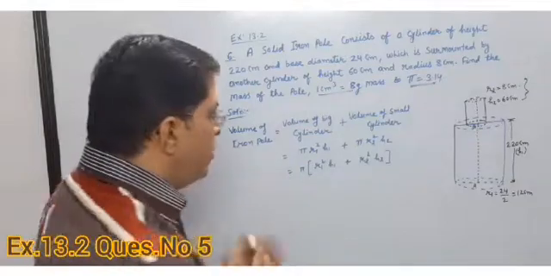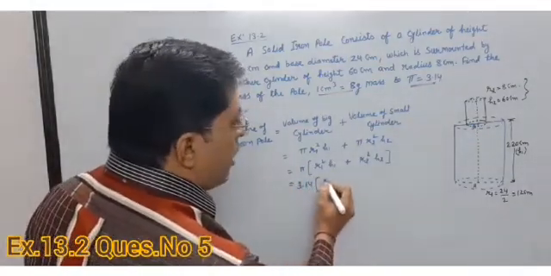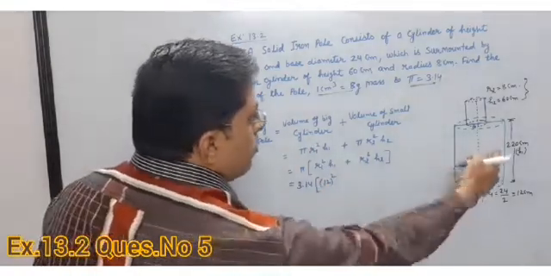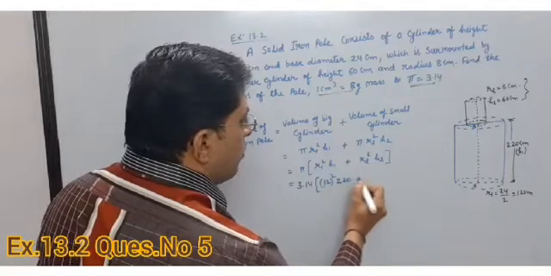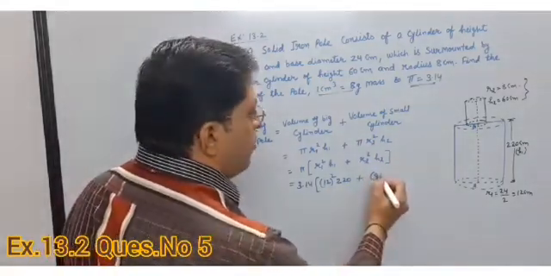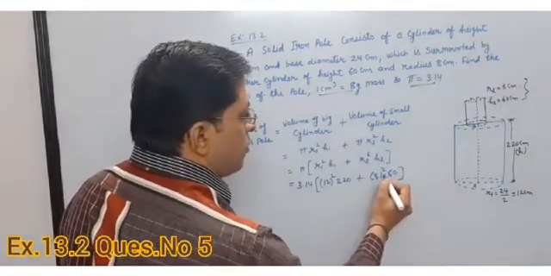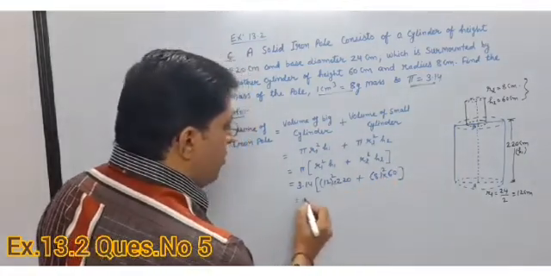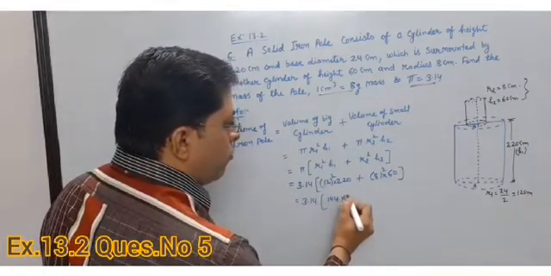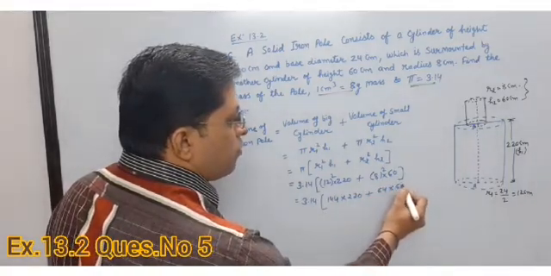Put values here. Pi value is 3.14. Then r1 square, r1 is 12, so 12 square, h1 is 220, plus r2 square, r2 is 8, 8 square, and h2 is 60. Then 3.14 times 144 into 220 plus 64 into 60.